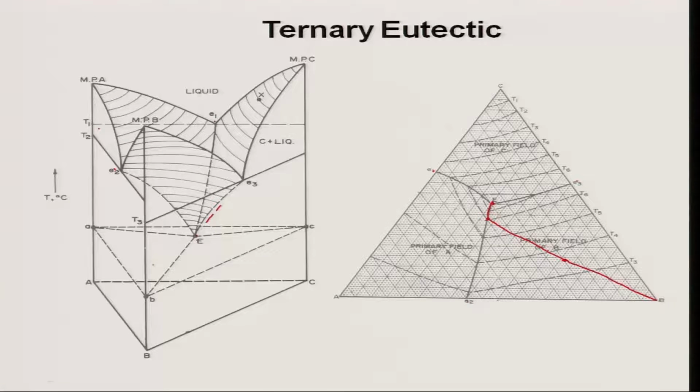Similarly, if I have an alloy composition like this, I can draw a line between these two, and join and extend. That is very easy, right? Not very difficult.